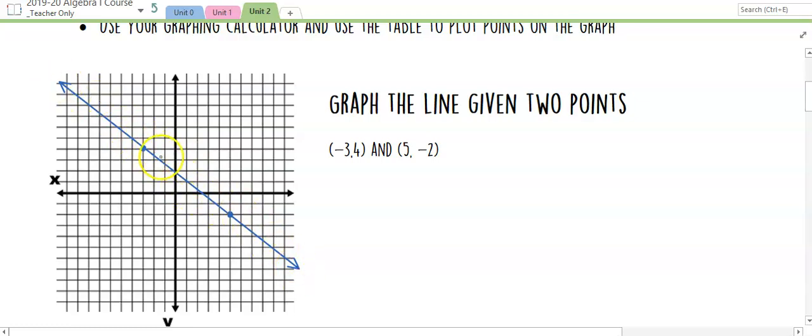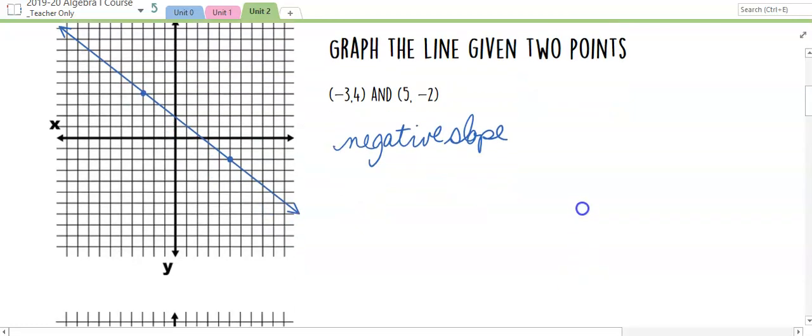It should go edge to edge all the way through. What's the slope of this line? It is a negative slope. And if we wanted, we could calculate it, but that's a little bit more like step 10 and 11, so we're not going to do that at this moment.